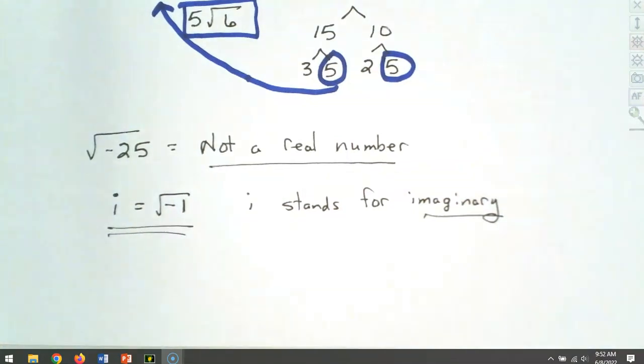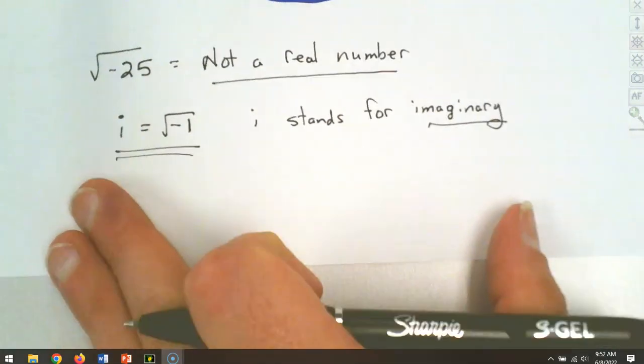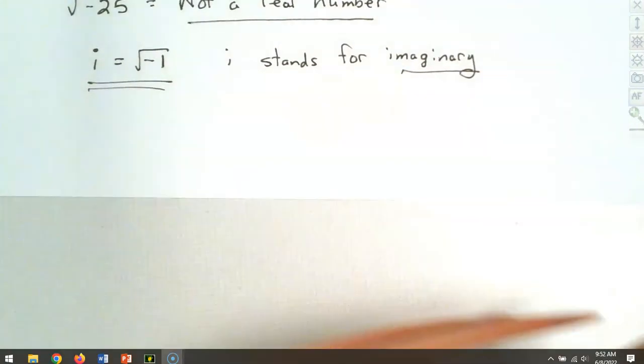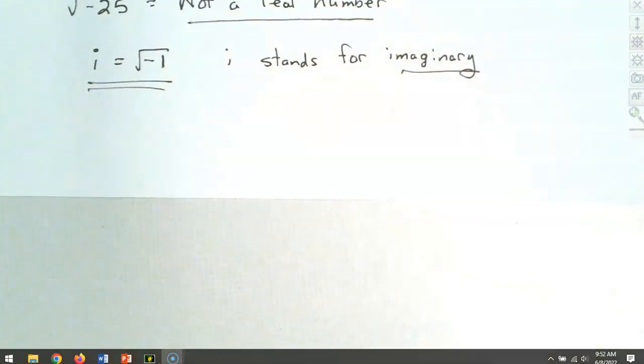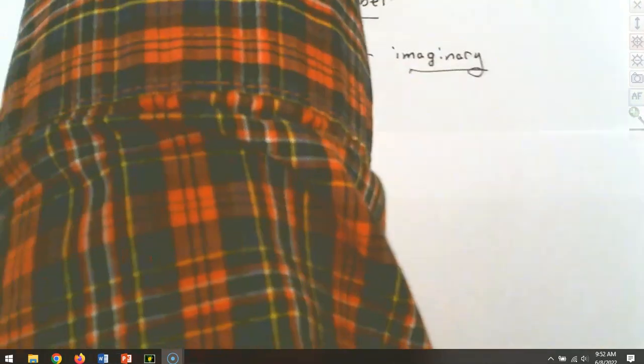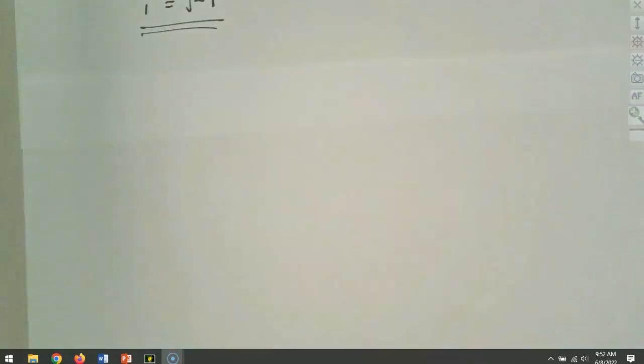So these numbers are not going to be real when they have a negative inside. They're going to be imaginary. So how is that going to work when we have square roots? Well, if there's a negative underneath, it's going to work the same way, but we just bring out an i.